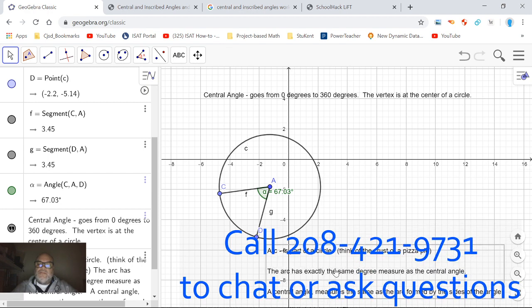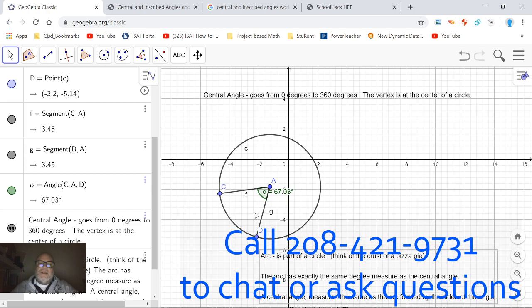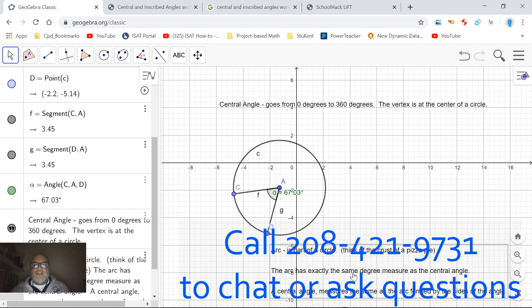It should be kind of obvious. The circle goes all the way around, so how many degrees? We say it's 360 degrees in a circle. If I'm talking about those degrees by this central angle, you can see that it would go around up to 360. And if I'm talking about those degrees by this arc, you can see that still goes around to 360, and it's going to be the same. So that's the important thing about central angles and their arcs.